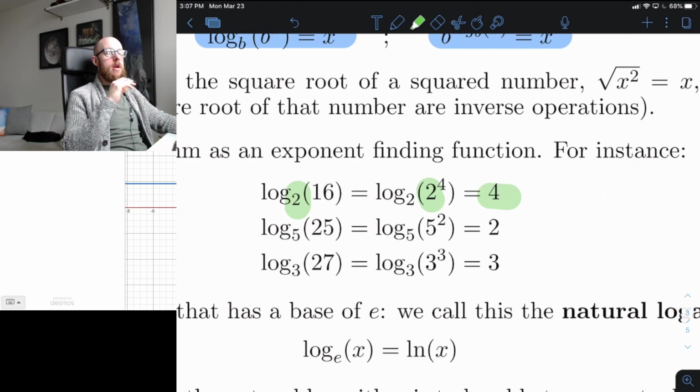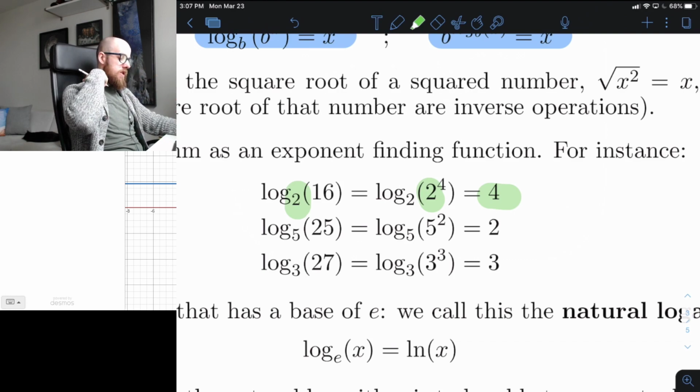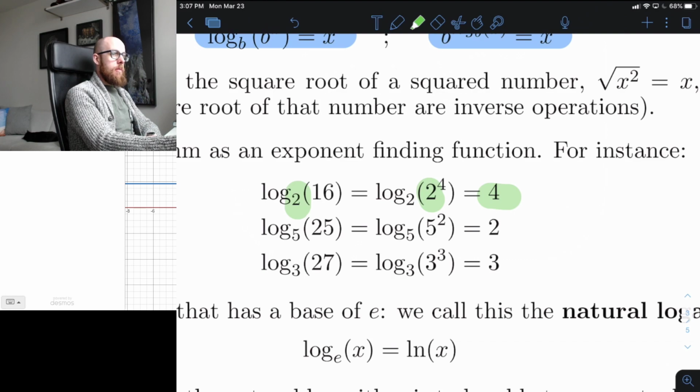So log base 2 of 16, I turn 16 into 2 to the power of 4, and the answer is the power, 4. Log base 5 of 25, I change 25 into 5 squared, and I just get the exponent back. 27 is 3 to the power of 3, and I get my exponent back.